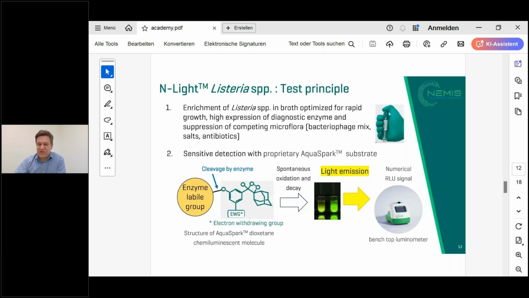And this light can be measured very sensitively with a luminometer. We have this small benchtop luminometer, and you get out a numerical RLU signal. Once this signal is above a certain threshold, we call the test positive.